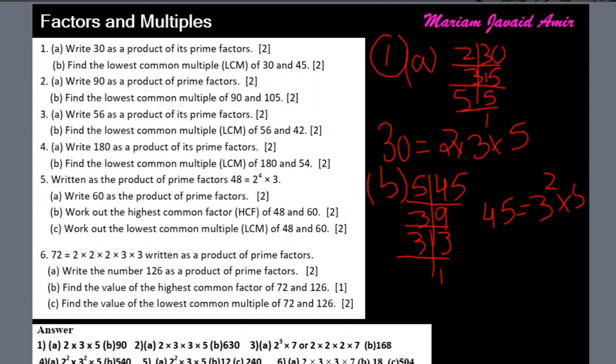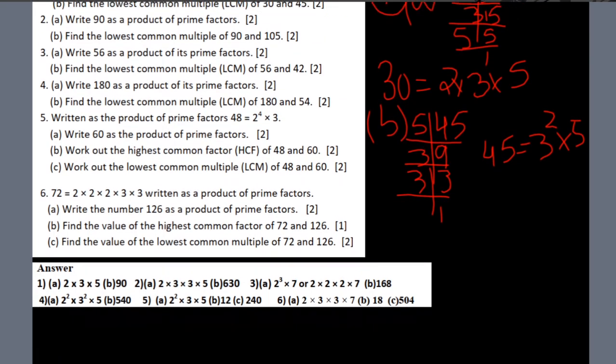Now we'll write these together. We have 30 in the form of prime factors, which is 2 times 3 times 5. Then we have 45 in the form of prime factors, which is, let's write 3 underneath 3, 3 times 5.